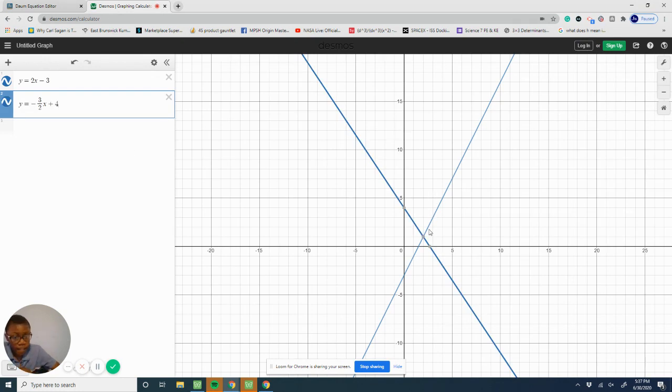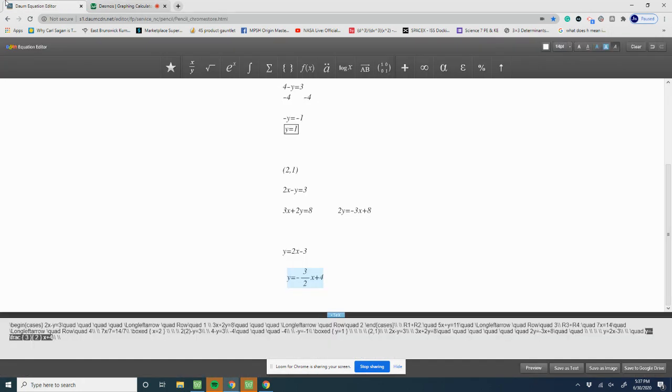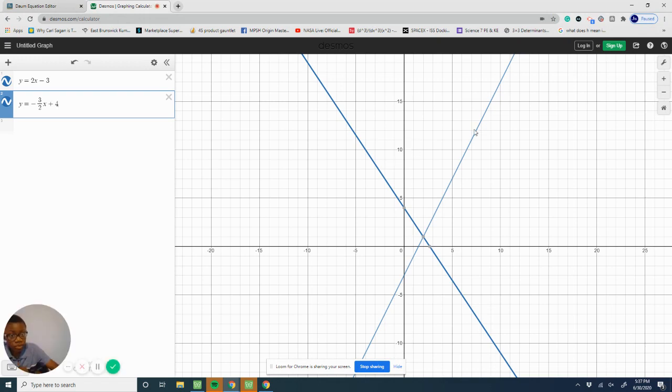There we go. And they intersect at the point we calculated, right? 2, 1. Look at that. And basically, when you're solving that simultaneous linear equation, you are basically finding the place where both of these equations intersect. Right? That's all you're doing when you're doing a simultaneous linear equation.